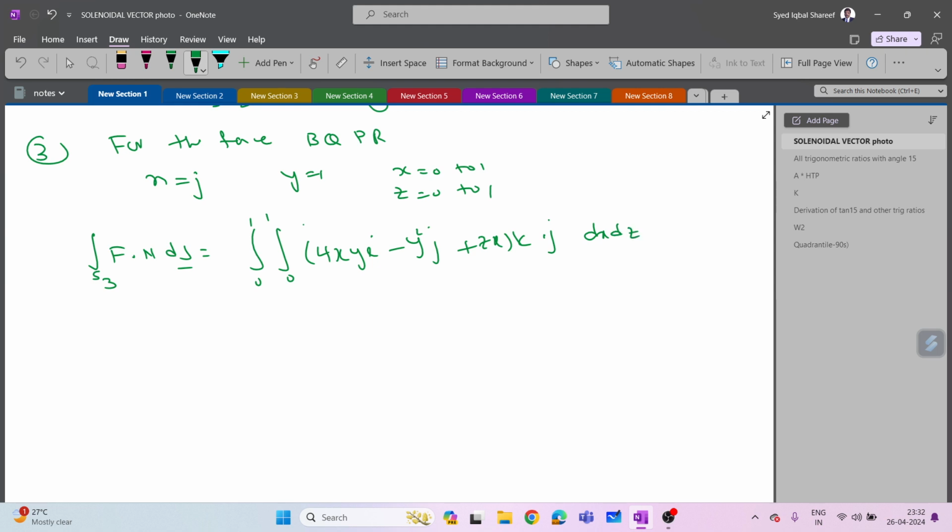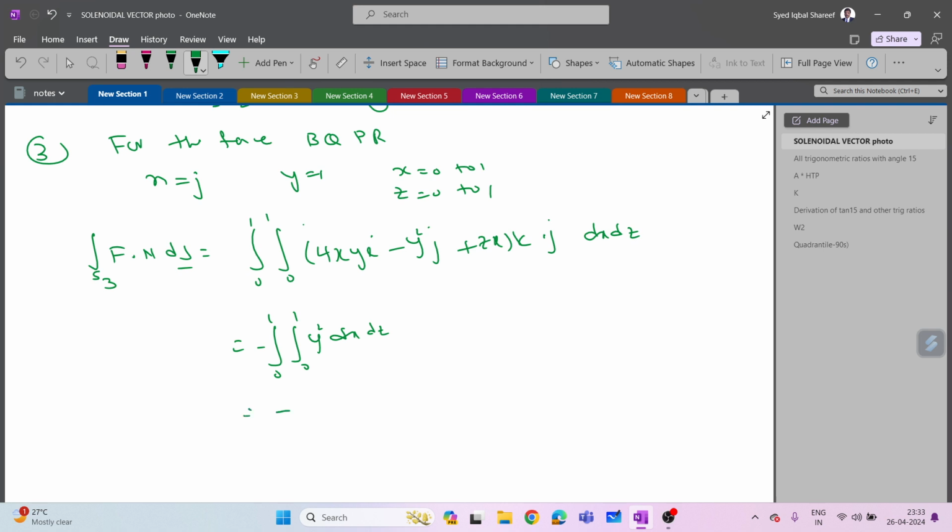So j dot j is 1, so minus y square is there, with 0 to 1, 0 to 1. So minus y square dx dz. What is y? y is 1, y square is 1.